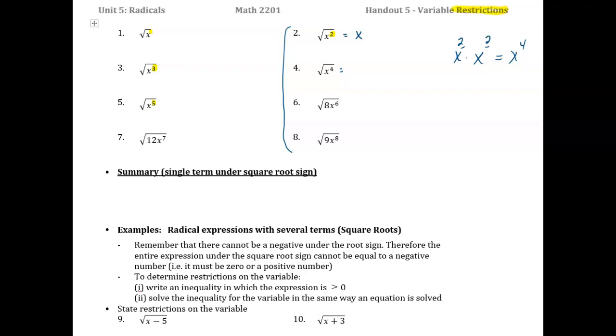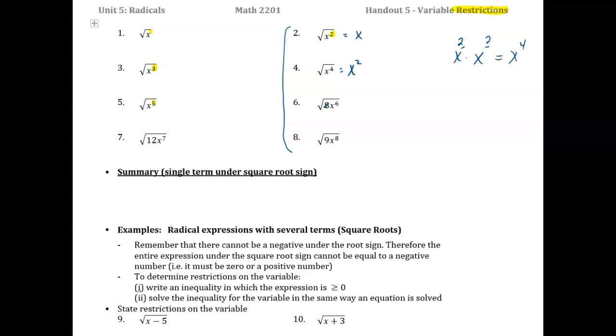Well, 2. So that had to be x squared. So you see the trend here? The square root of x squared was x. The square root of x to the power 4 is x to the 2. So we're just taking half of this.